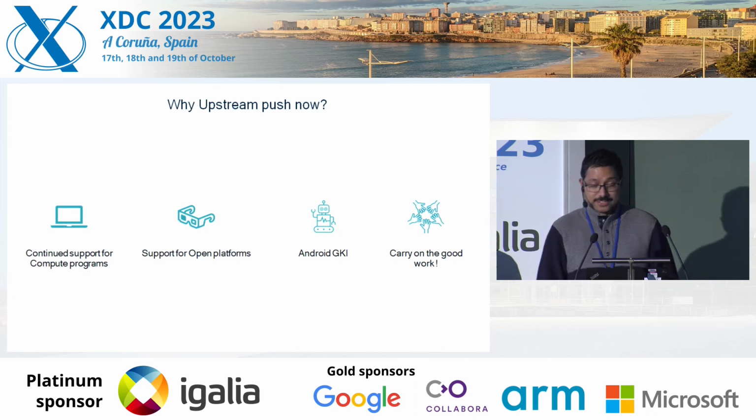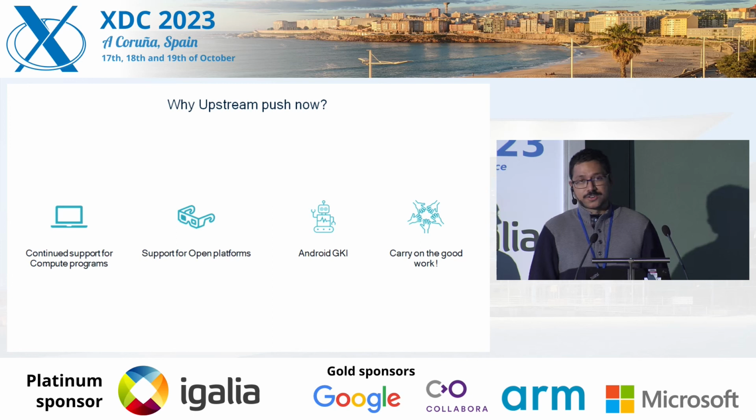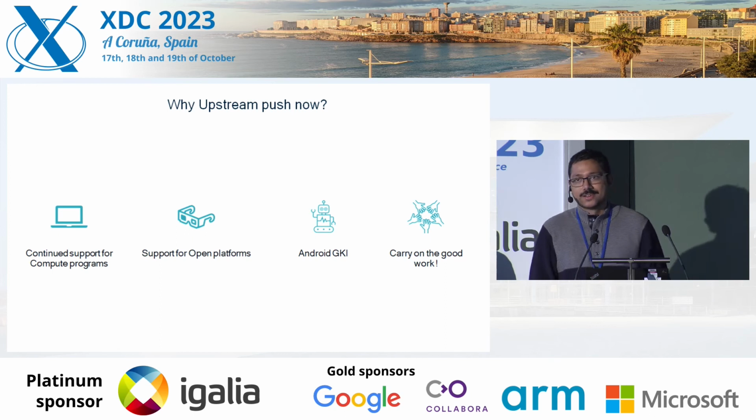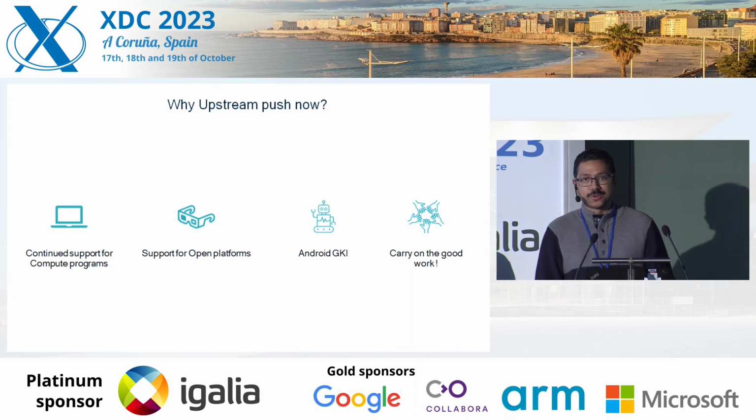Definitely the Android GKI, the Generic Kernel Image project of Android, was a big factor as well. According to the stats, it was estimated that the vendor-specific SoC code in the kernel was at one point contributing almost 50% of the product kernel.